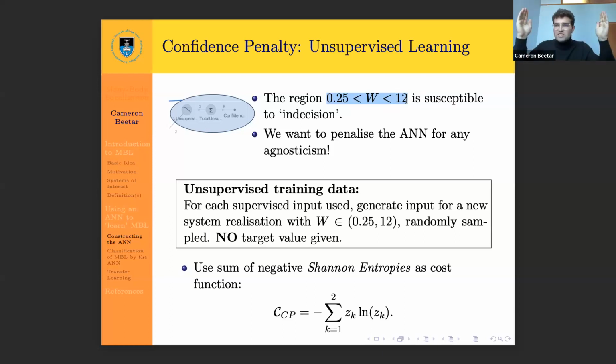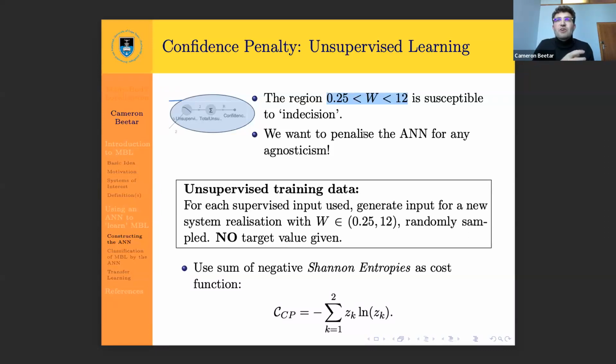It's this in-between region where we really want the network to be confident and to make precise statements. Because we're training on these extremal values, the network is susceptible to indecision in this intermediate regime, so we want to penalize the network for any agnosticism. We want it to be very confident in the classifications it's making, especially in the intermediate region.